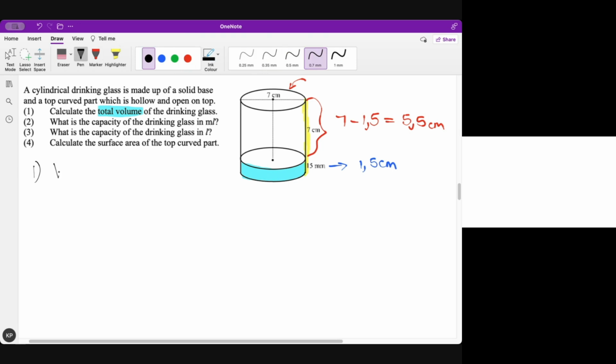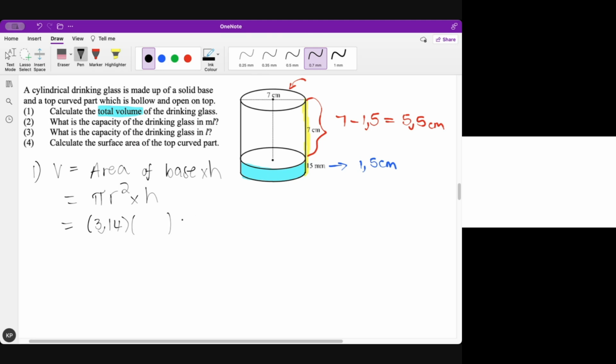So then volume is the area of the base times the height. What's my base? It's a circle. So that's pi times radius squared times your height. 3,14. What's the radius here, guys?